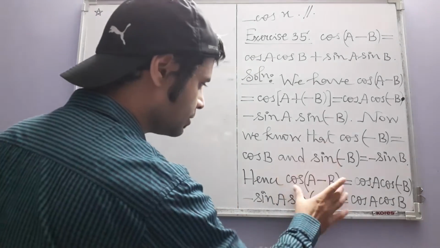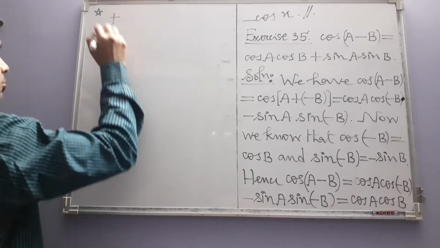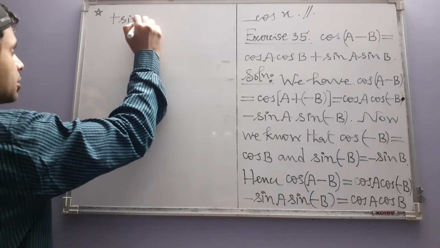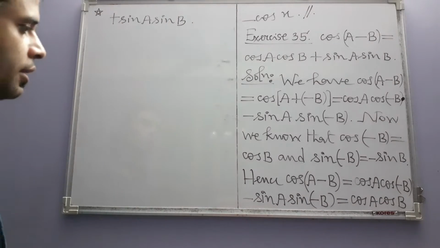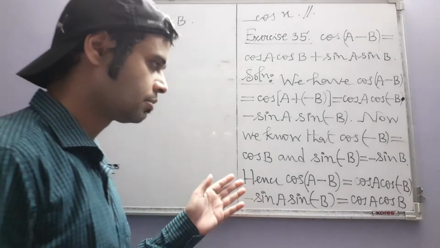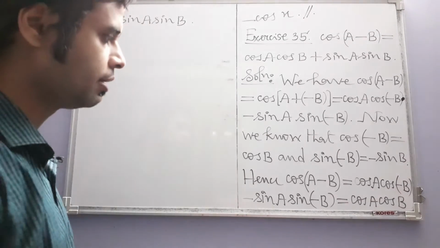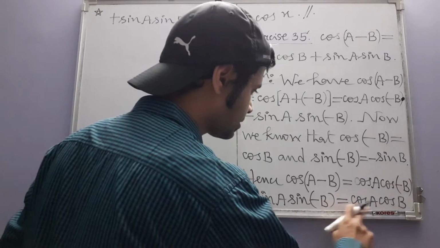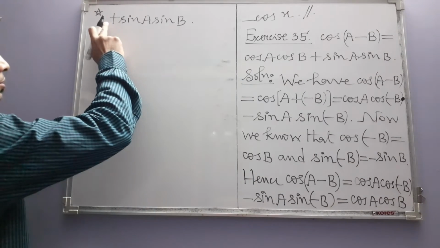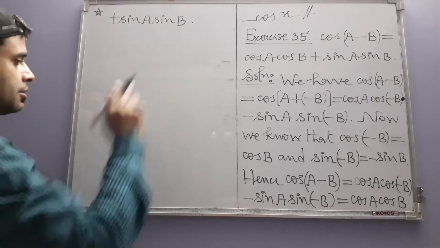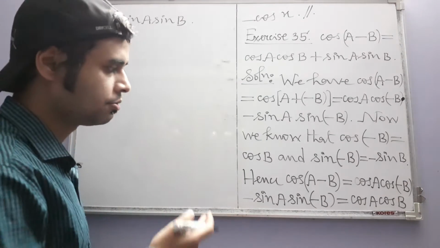You can directly write this equal to this plus sine A sine B. In fact, ideally, if someone is really hell-bent on showing everything in detail, one would also write another step where you have cos A cos B, but then minus sine A times minus sine B. However, it is up to you to decide what you have to do.